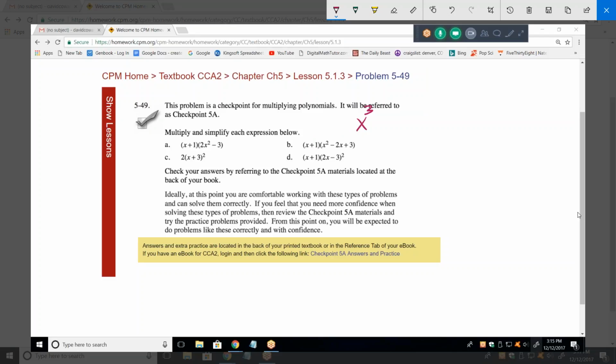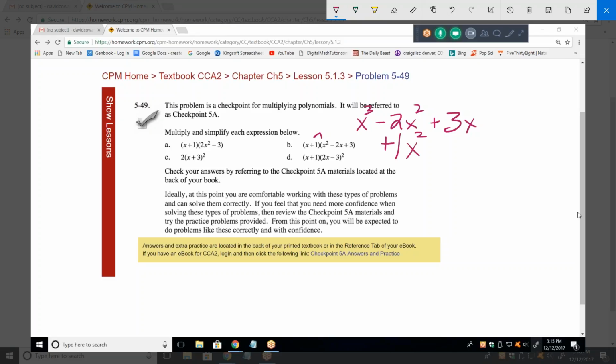So then it's minus 2x squared. X times minus 2x is minus 2x squared. Plus 3x. Okay. So now you do the 1 times all three terms. So then plus 1x squared. And watch what I do here. Instead of keep going to the right, I'm going to write this one under the other x squared term.